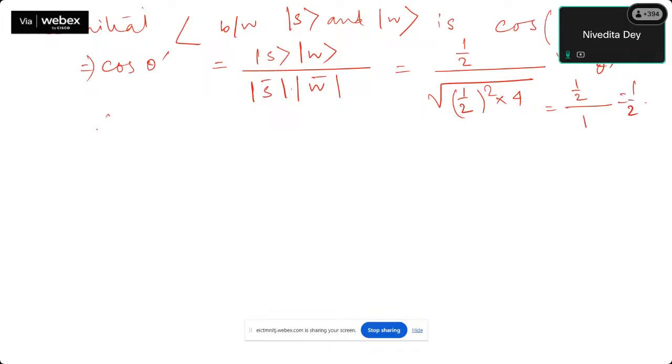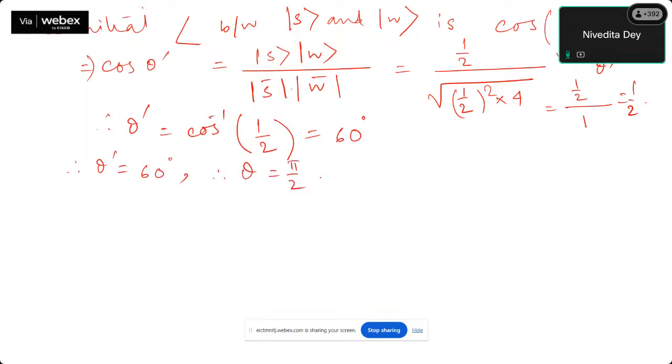Therefore, your theta bar will be cos inverse of half, which is 60 degree, since cos 60 is half. Therefore, theta is nothing but pi by 2 minus theta bar, because theta bar is pi by 2 minus theta. So that is 30 degree.